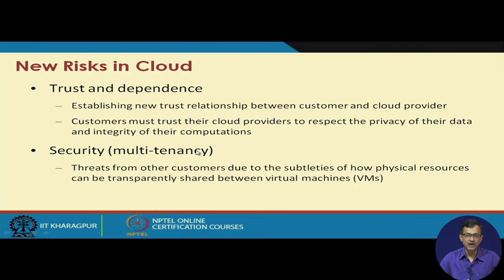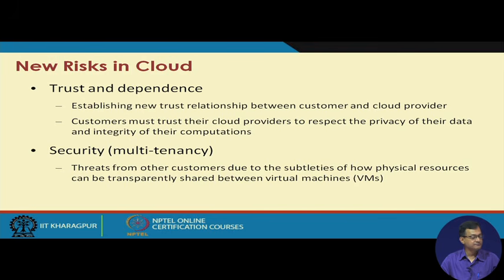From the security point of view, the customer must trust the cloud provider for the preservation of the privacy of the data and the integrity of the computation. If there is a process, it is supposed to perform the way it is supposed to perform. That is one of the objectives of any customer, right. So, that is expected. That is how much you trust and depend on the provider.